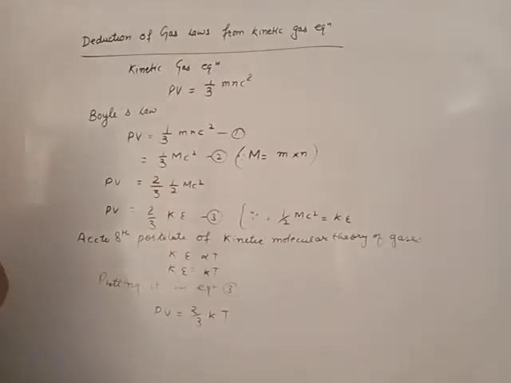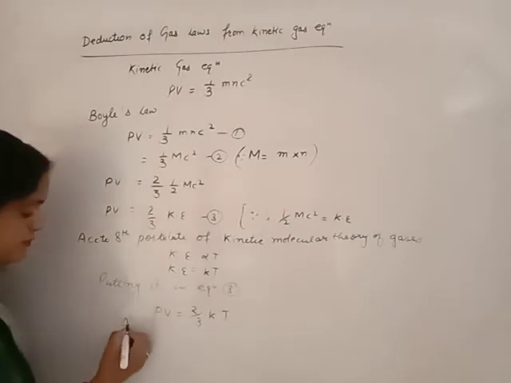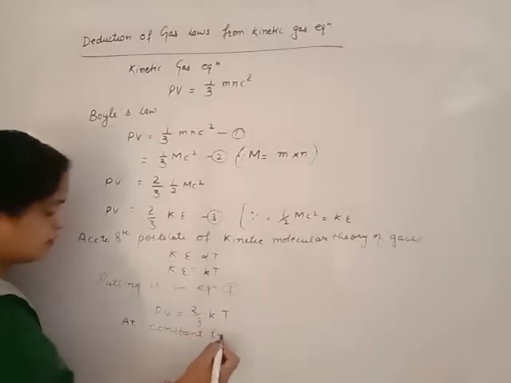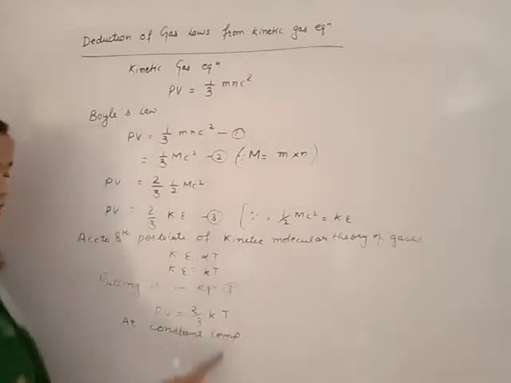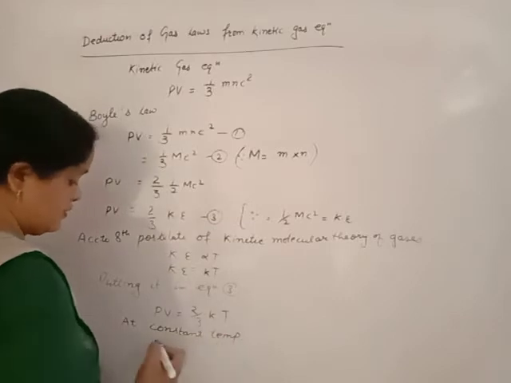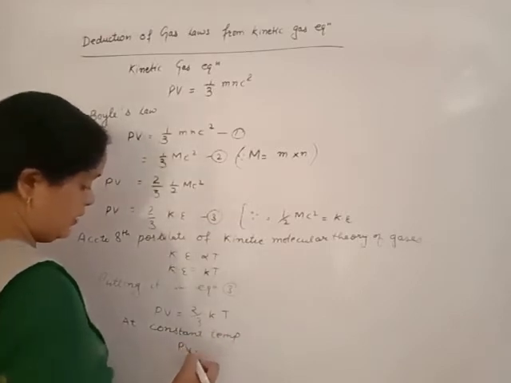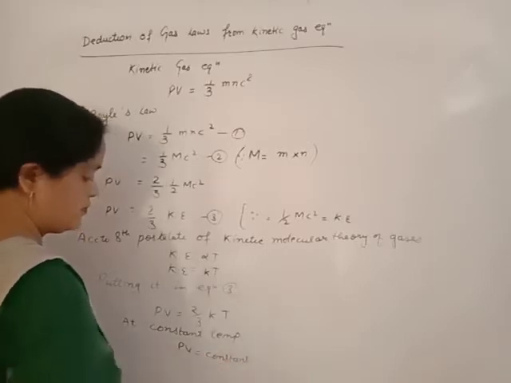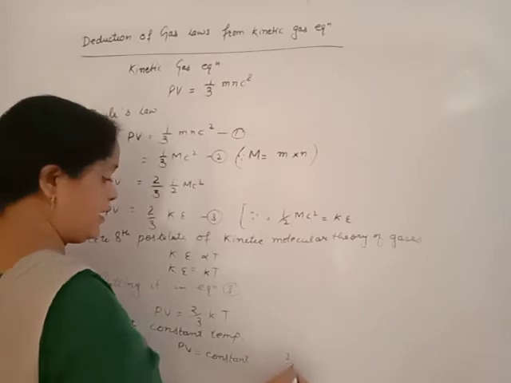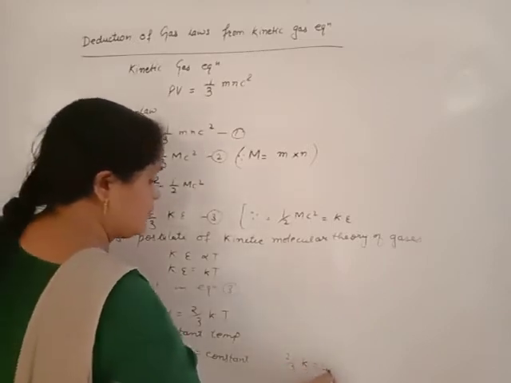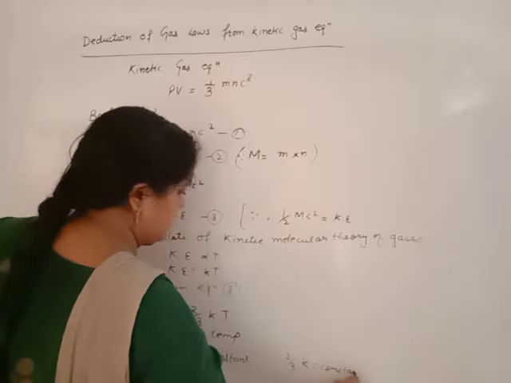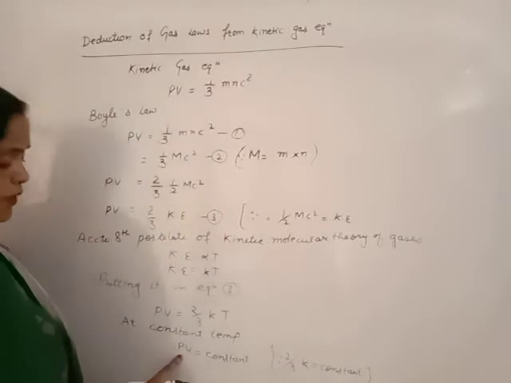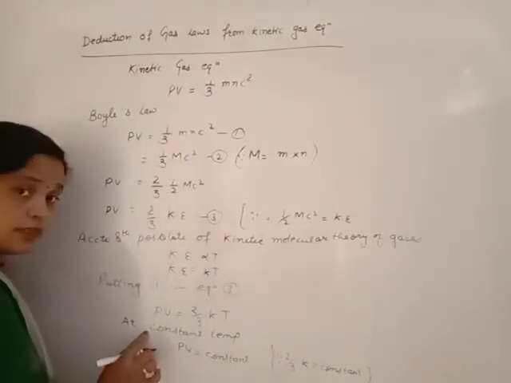Now at constant temperature, PV is equal to a constant, because 2/3 and K are also constant. So PV remains constant at constant temperature.